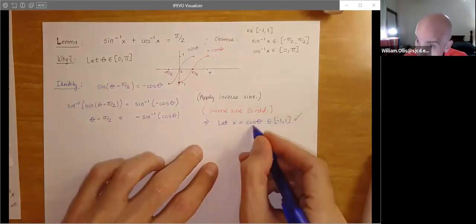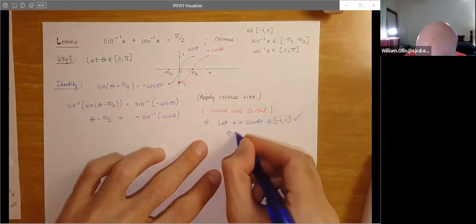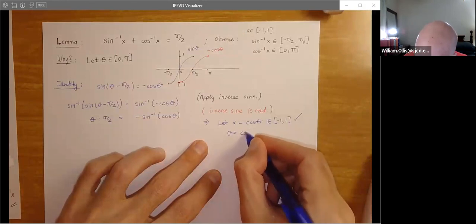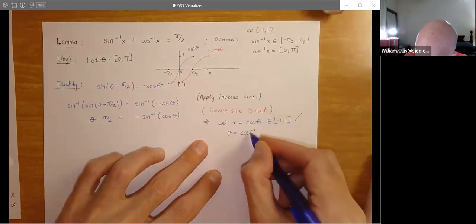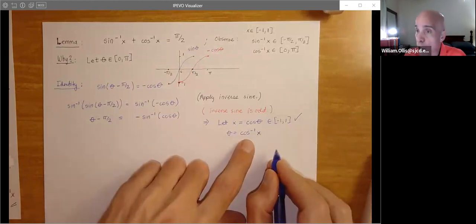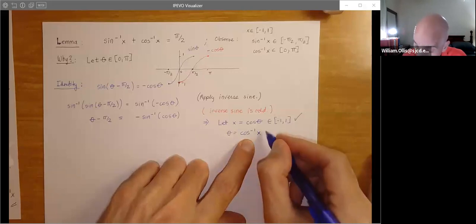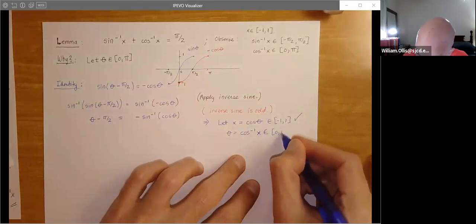And so now if we apply the inverse cosine, we see that theta is equal to the inverse cosine of x. This is how we defined the inverse cosine function yesterday. So now we have our hands on inverse cosine of x, but we know the inverse cosine lives where? Between 0 and pi. And so that was convenient.